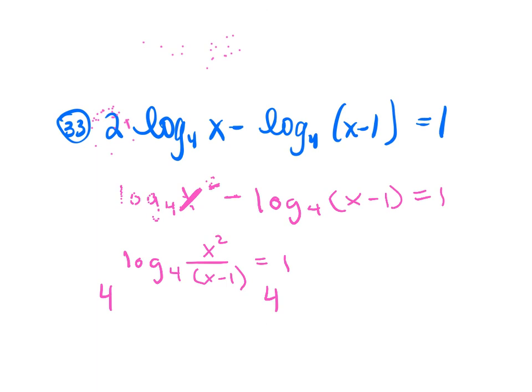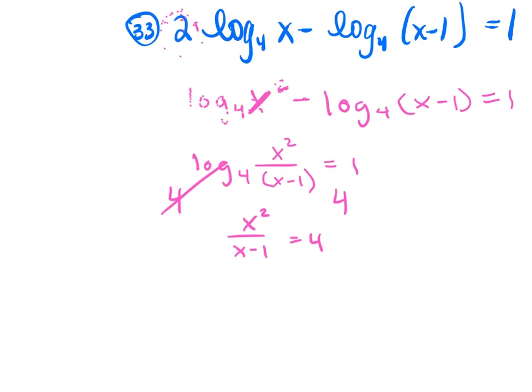4 on each side. So log base 4 and 4 cancel out. On the left, we have x squared over x minus 1 is equal to 4 to the power of 1, which is just 4. What do we do from here? Multiply what?